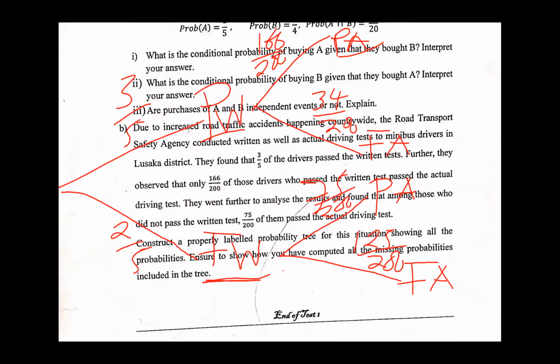Let me give you another one so that you understand. Just a situation, I want to put a tree. In a class, 60% of the students are male. 40% are female.